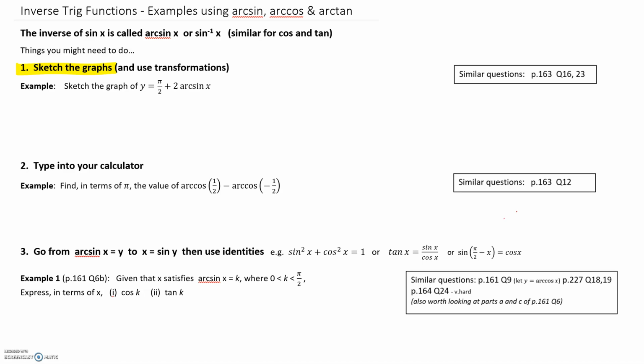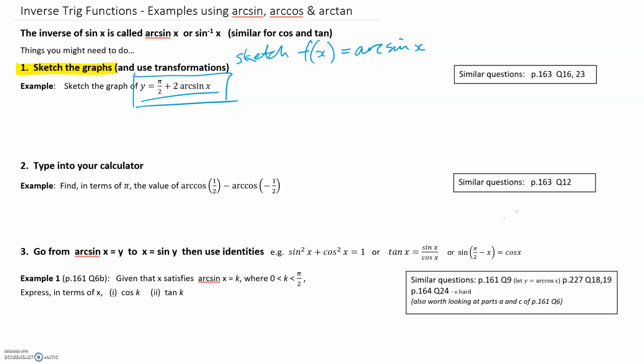here's an example which is fairly straightforward really. If you want to sketch this graph, I would start by sketching, if we let f(x) equal arcsine x. So I'd sketch the arcsine x graph, which was explained in the previous video.